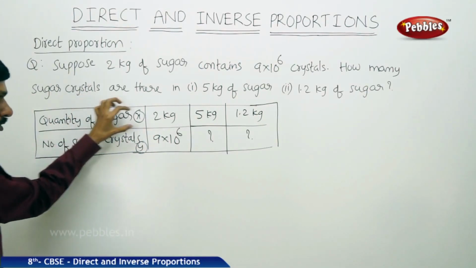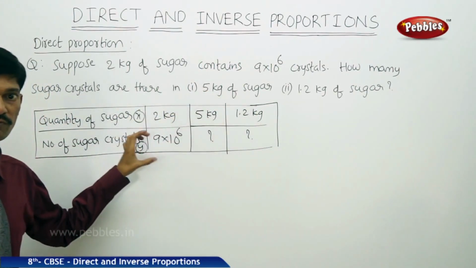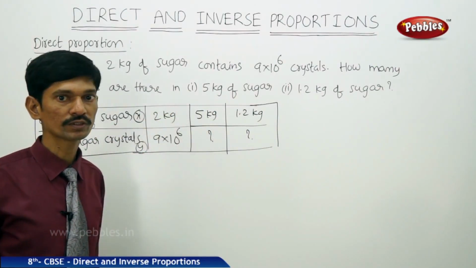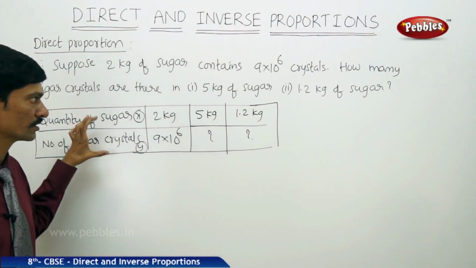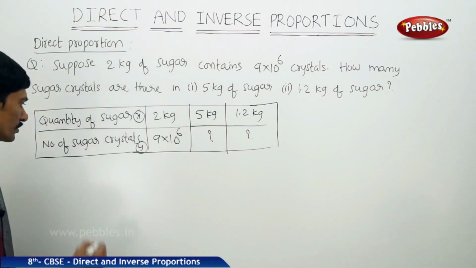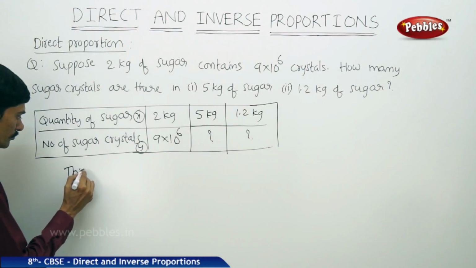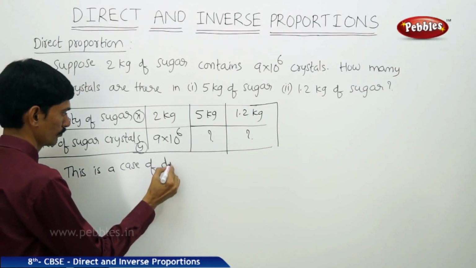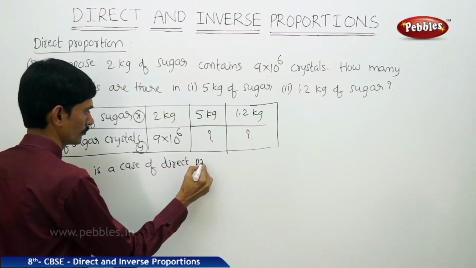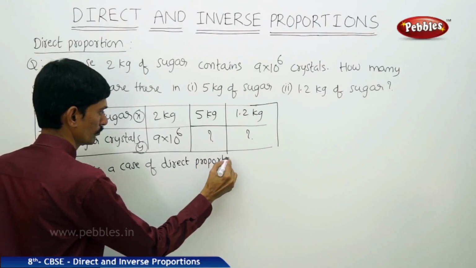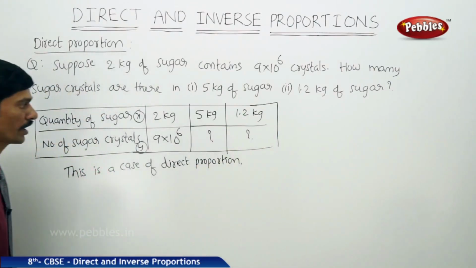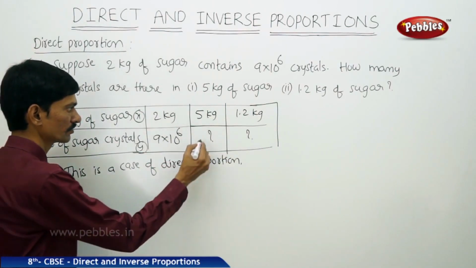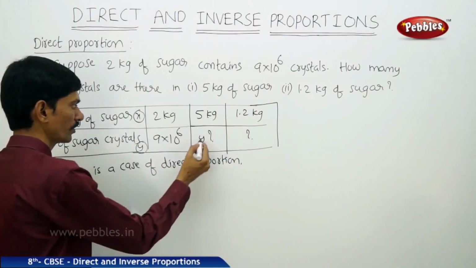If the quantity of sugar increases, then definitely the number of crystals contained in the sugar also increases. So this is a case of direct proportion. Now in direct proportion, the ratio remains a constant.